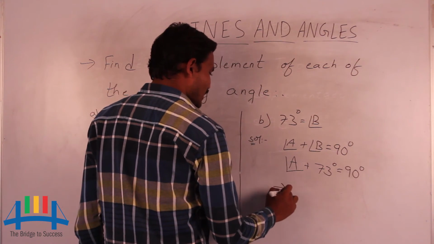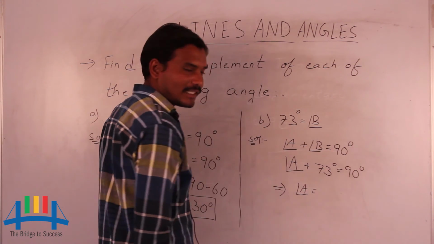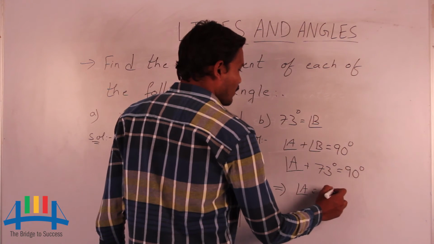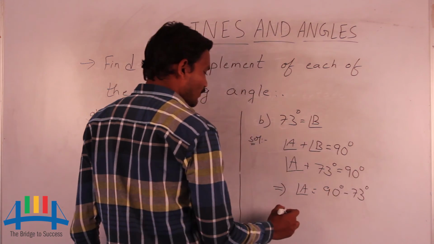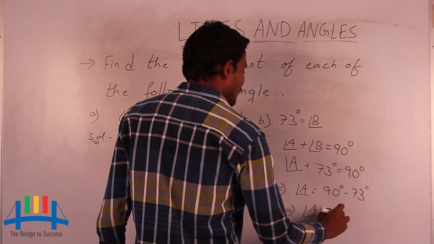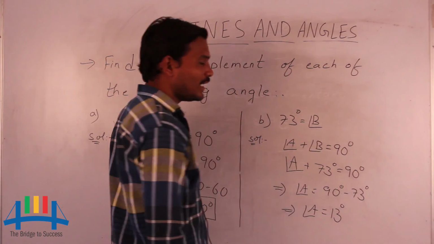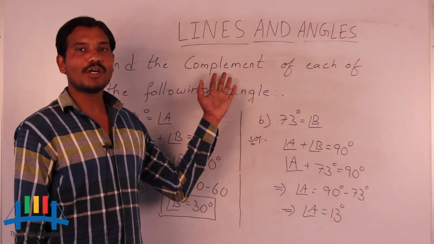So in the next step, angle A is equal to, when I am taking 73 to the RHS, it will become minus 73. So 90 minus 73 degrees. If I subtract 73 from 90, we will get 13 degrees. So 13 degrees is the complement to 73 degrees. So this is the process of how to find the value of the complementary angle.